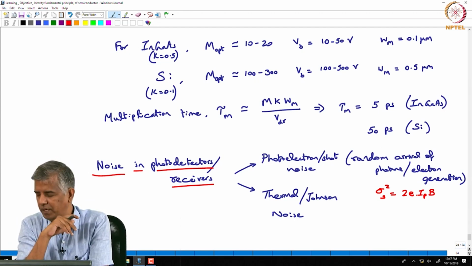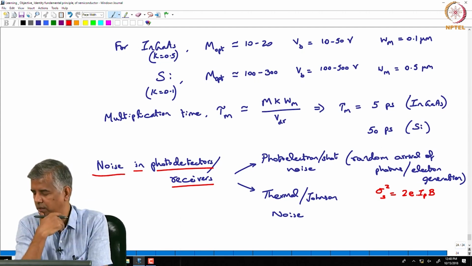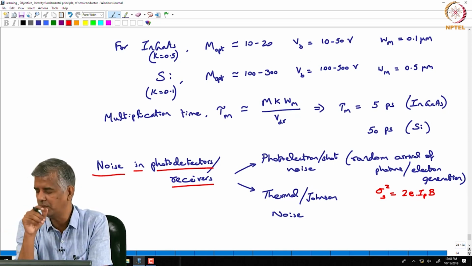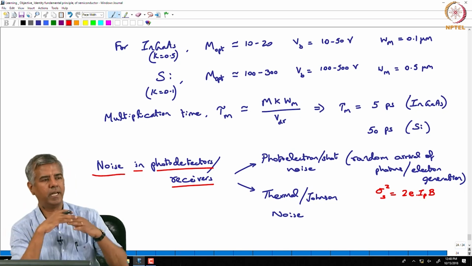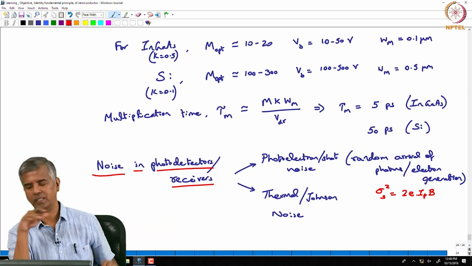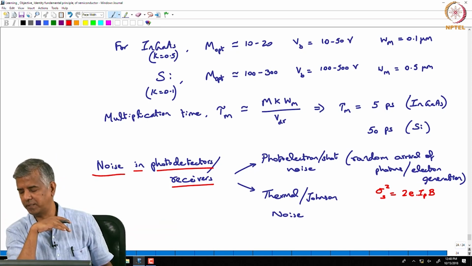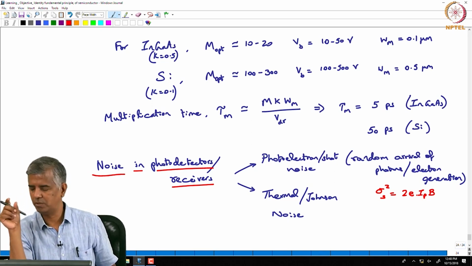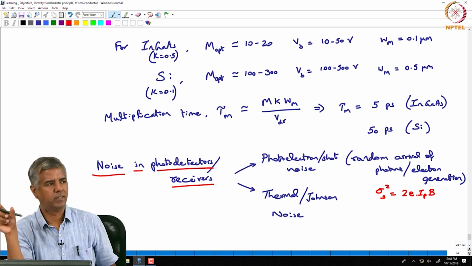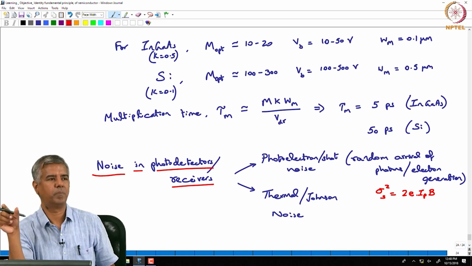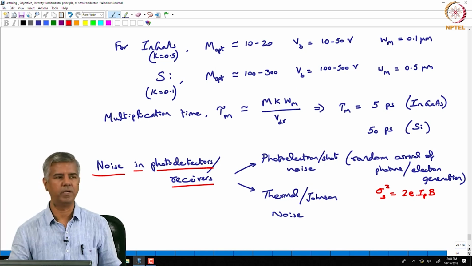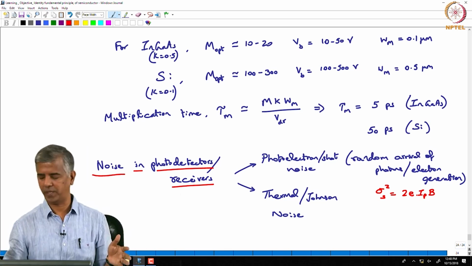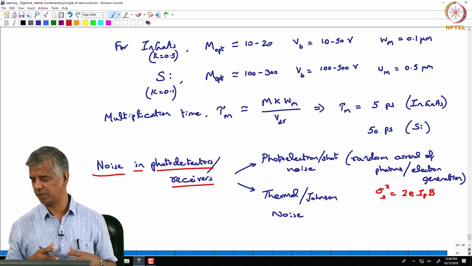E times I p is the noise variance across the spectrum, but it's like white noise. It's distributed flat across the spectrum, but what our receiver captures is only the components under the receiver bandwidth, denoted as B here. Since it's a two-sided spectrum, that's where the factor of 2 comes into the picture.